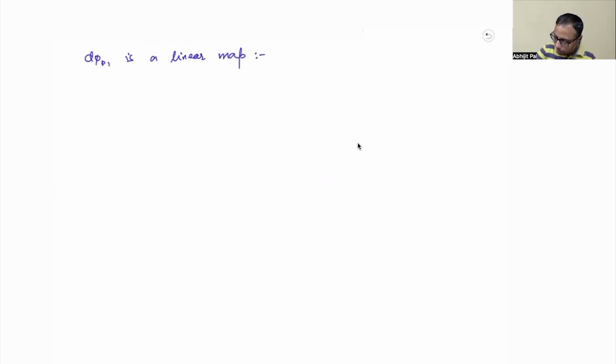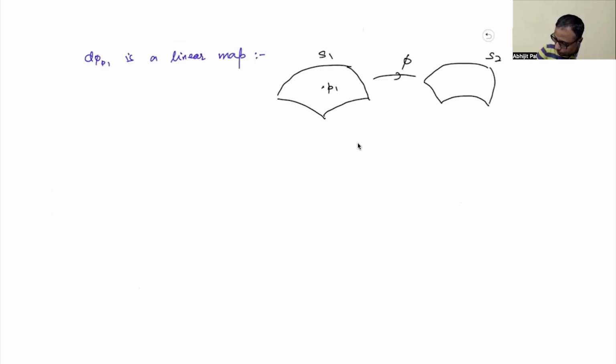So again, let me draw a picture. So suppose this is my surface S1 and this is the point P1 and phi is this map, and I have this surface S2, P2 is this point. So phi of P1 is equal to P2.